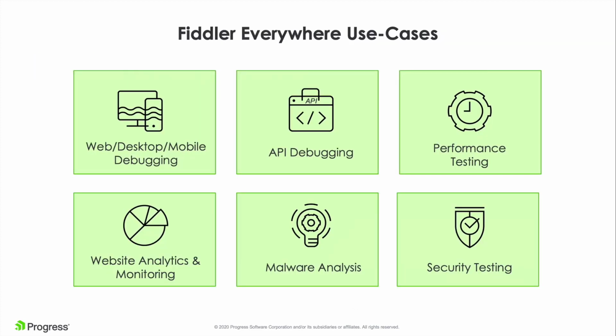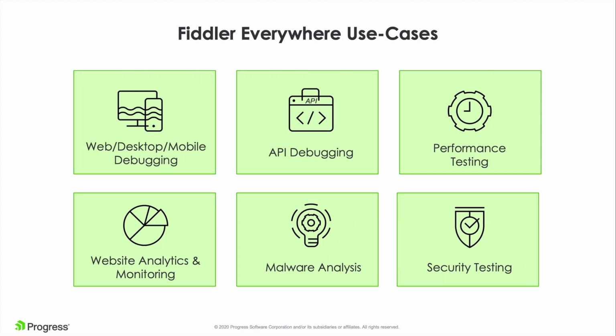Some of the use cases of Fiddler Everywhere include debugging web, desktop, and mobile applications. Similarly, Fiddler Everywhere can also be used to debug APIs to test for authentication and HTTP status code. Fiddler Everywhere can also be used for performance testing to carry out load tests and even simulate bandwidth and latency tests.